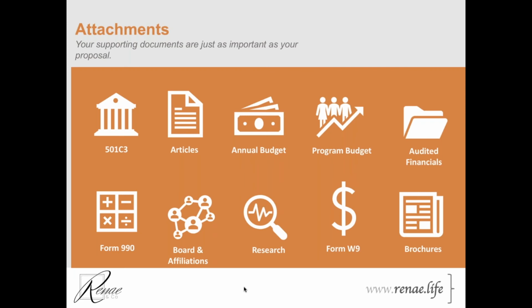The next component we will discuss are your attachments. These are your supporting documents. A few of the things that may be requested are your 501c3. So please keep a copy of that available. I strongly suggest taking all of these documents and keeping it in one file, and that way you will always have it readily available when you're doing your proposal.